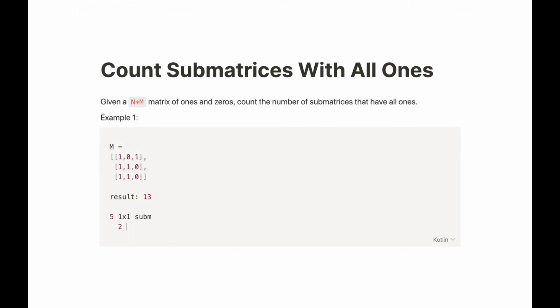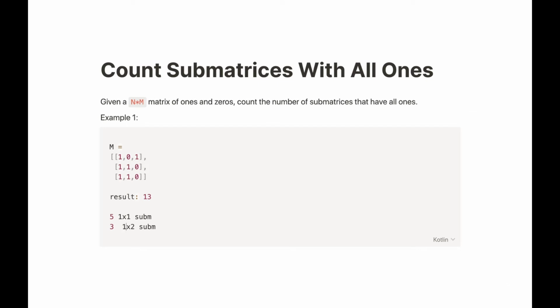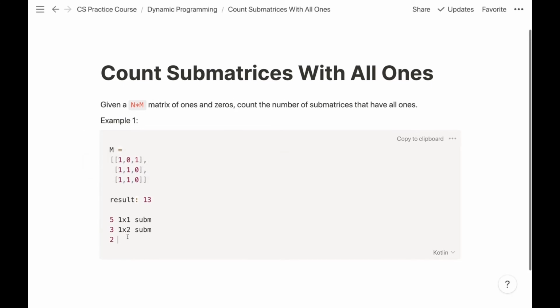If we consider 1 by 2 with this one here as the vertical dimension, we have this and this, and the one before it, and a third one here, so 3 1 by 2 matrices. Then this one and this one, so 2 of 2 by 1.